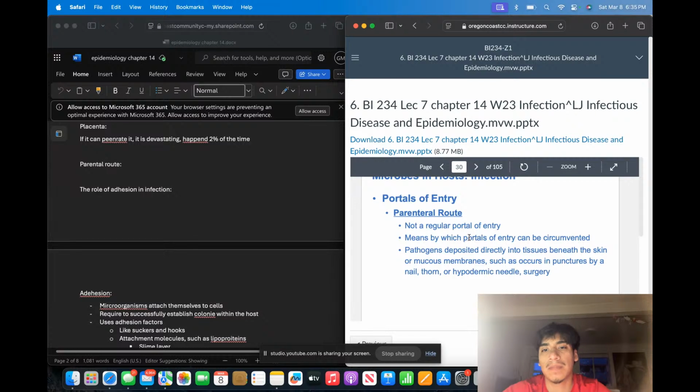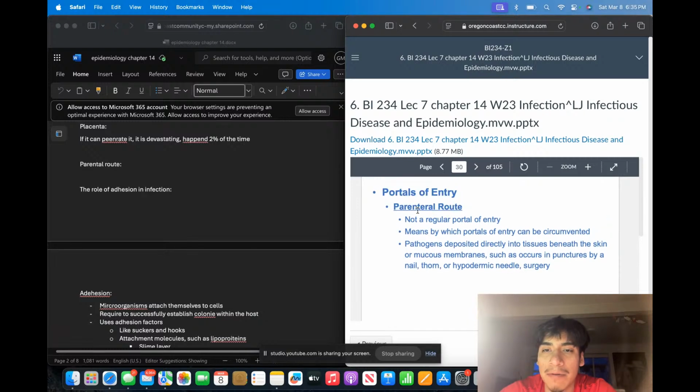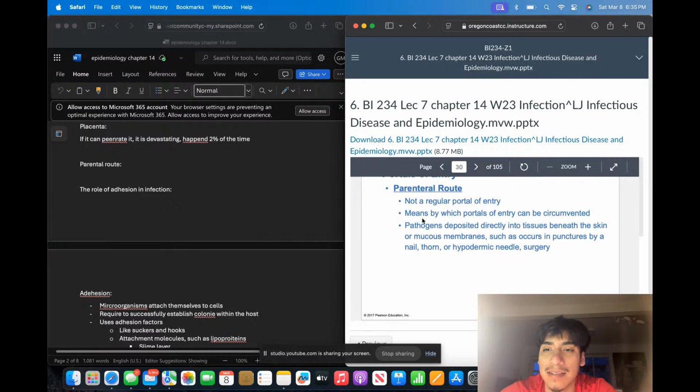Parenteral route: pathogens deposited directly into the tissue, like getting a cut. Parenteral just means circumventing the stomach, which I guess makes sense. It's anything that isn't affecting your mucous membranes, just cutting into you.